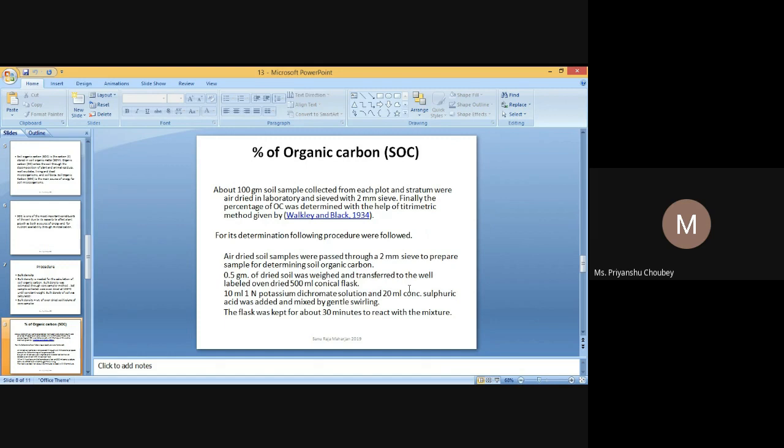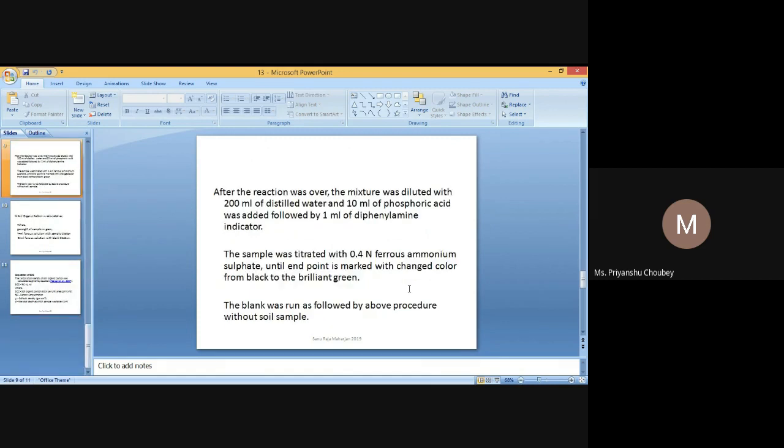Structure is of particular importance in the absorption of water and the circulation of air. A desirable structure should have a higher proportion of medium size aggregates and an appreciable number of large pores through which water and air can move.